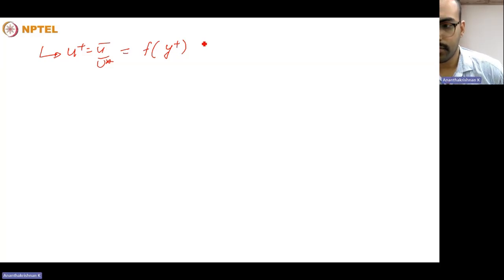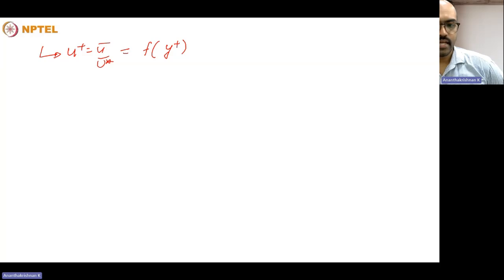So y plus could be written as, we have seen, the dimensionless wall distance variable y plus could be written as 11.6 mu divided by u star.